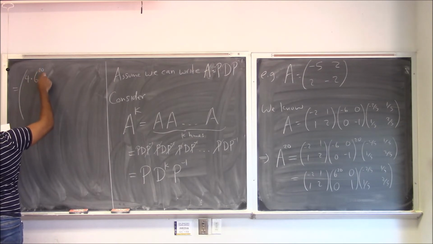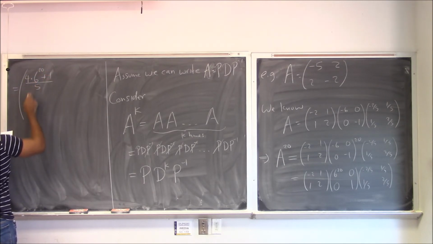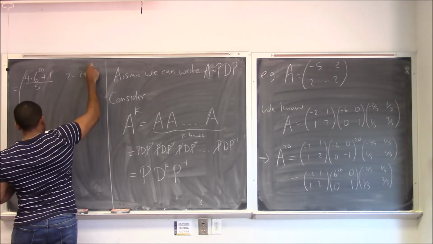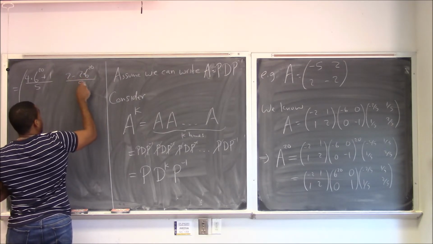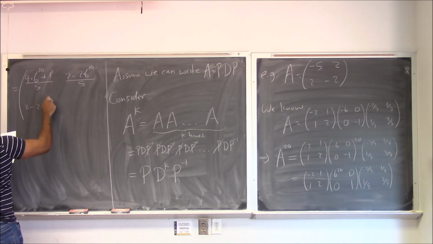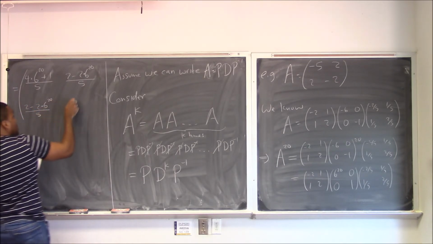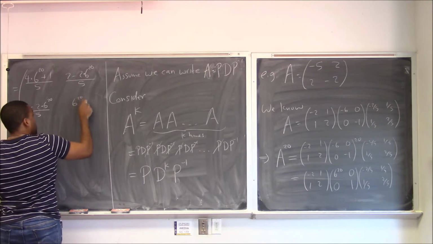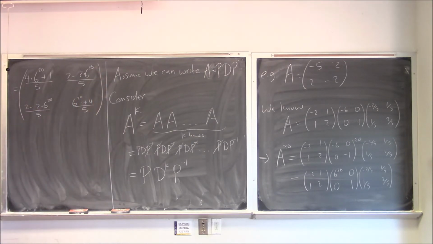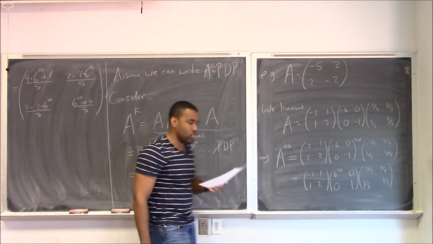This is (6^20 + 1)/5, 2 minus 2 times 6^20 all over 5, this is 2 minus 2 times 6^20 all over 5, and this is (6^20 + 4)/5. And you can imagine what hell you would have gone through if you wanted to compute that directly.